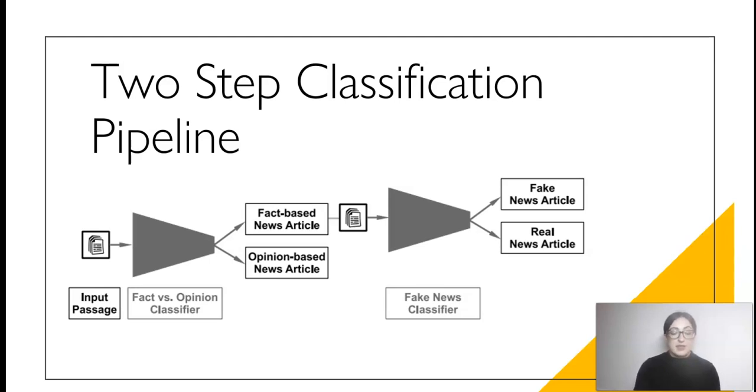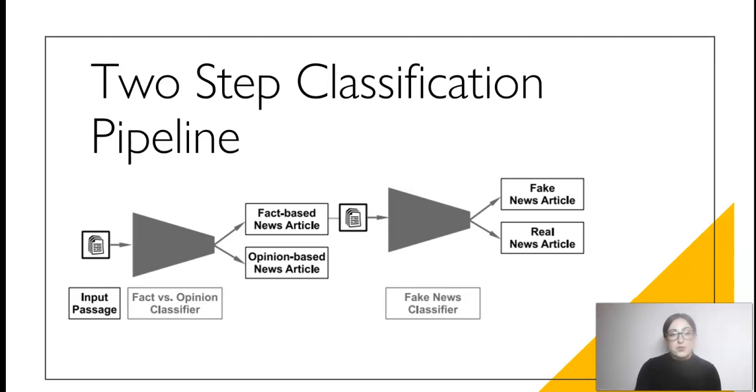This is then passed to the initial fact versus opinion classifier, which outputs predictions as to whether news articles are fact-based or opinion-based. And only those news articles that are fact-based then go on to form the training data for our fake news classifier, which then outputs the final predictions for fake news and for real news.